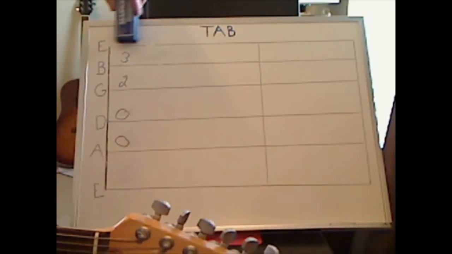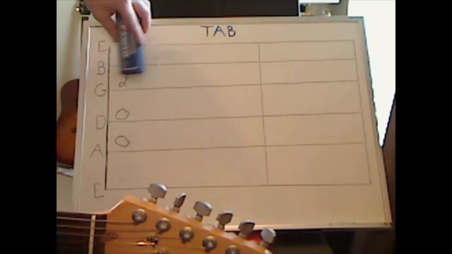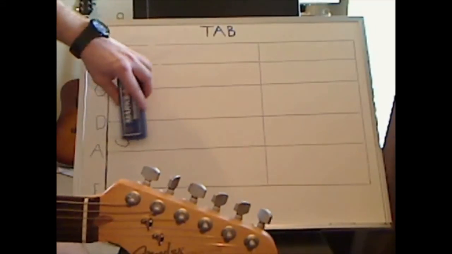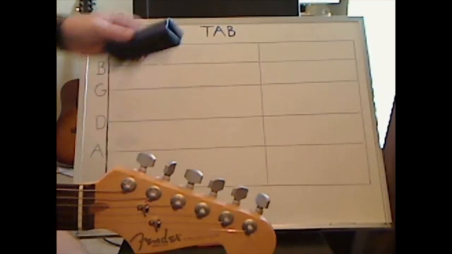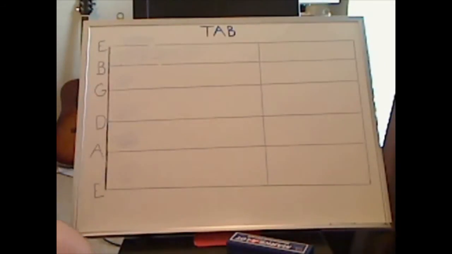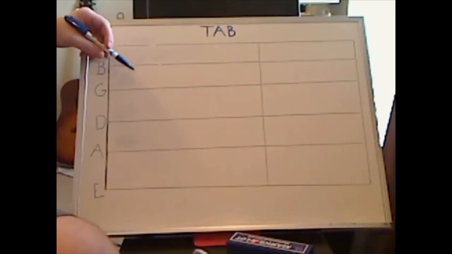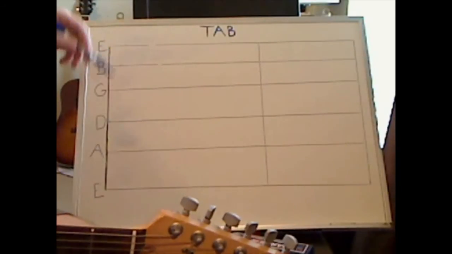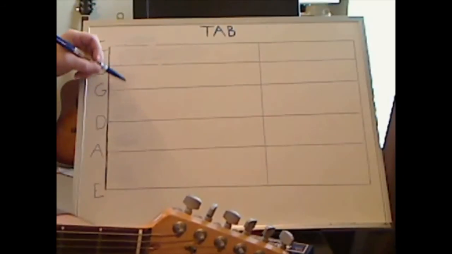Okay? Now we want to get to some of the symbols that are used in tablature. There's only a few of them, really, but they can be a little confusing. Let's take, for instance, the slide. Okay? I'm going to keep this towards the bottom of the neck of the guitar so you can see what I'm playing.